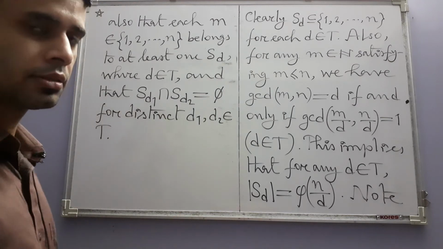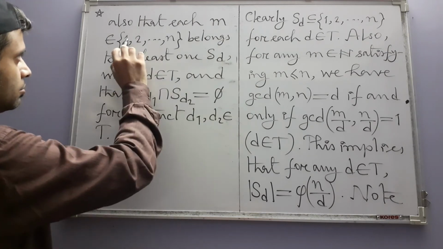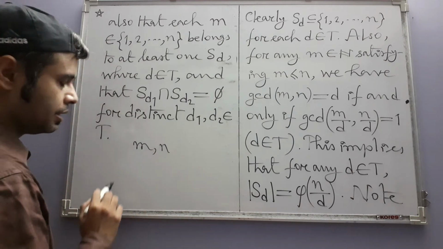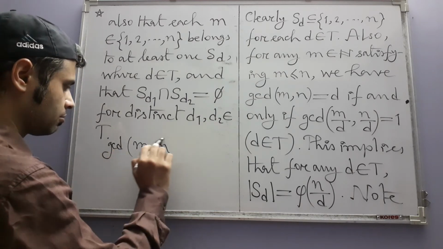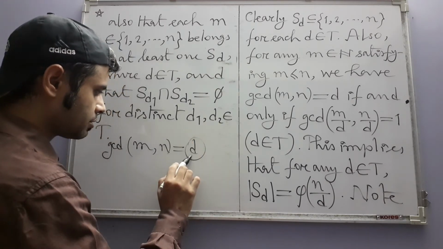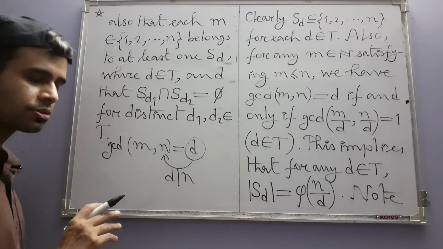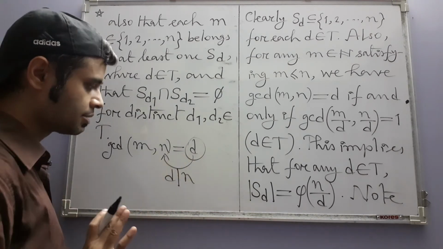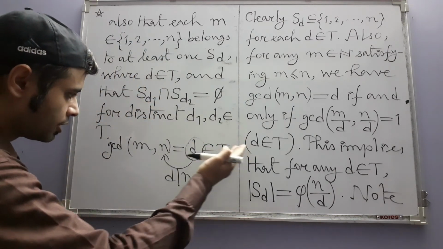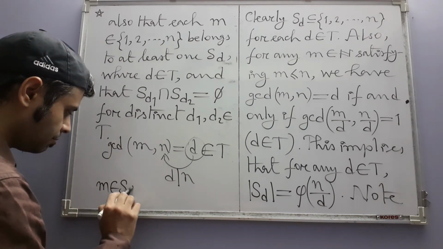Now, how is this again true? You consider any M from here. Now, that M of course has some GCD with N. That D, of course, divides N because it's the greatest common divisor of M and N, and that is why this D belongs to T. And from this condition, you can clearly see that this M would then have to be in SD.